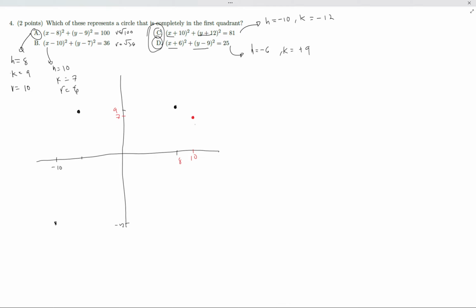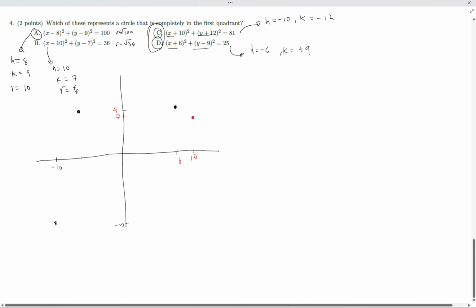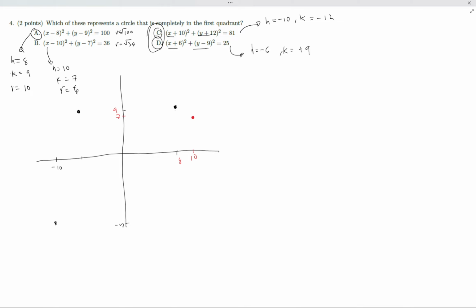Okay, now let's have the first circle, or the previous circle that we had, letter A. It says here that the radius is 10. So starting from the center (8, 9), the circle will have a point 10 units far away from the center. From 9, we need to move 10 units below to find a point right here.